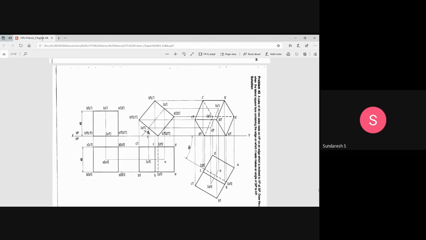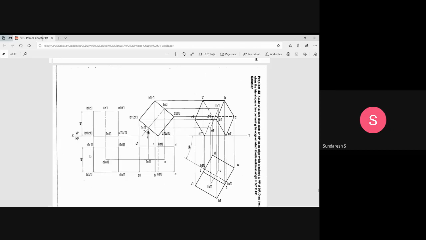So the top view of a cube will be a square of 40 millimeter side. You rest it on the edge. So this is the initial position of a cube of 40 millimeter side resting on HP on one of its edges, right? This is the top view we are seeing here. Give the annotations A, B, C, and D as the top face, and the bottom base is A1, B1, C1, and D1.